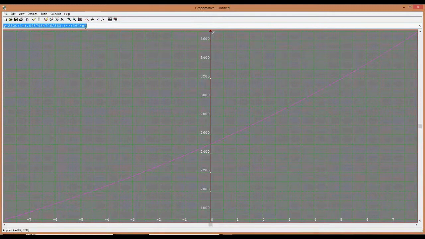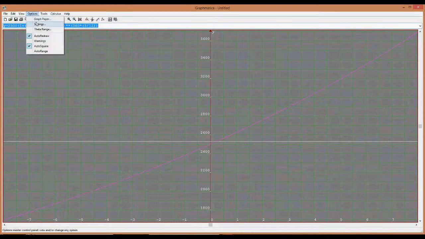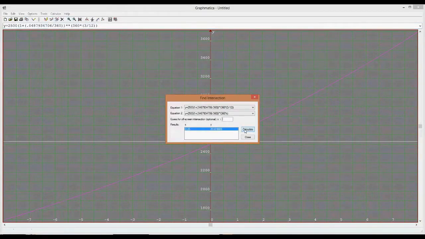So next, we can use this sort of as a calculator, because you can put in the value for x that you want, and it'll give you a straight line at that value. So if we put 3 over 12, or 1 over 4, for the 3rd month, and graph that line, it doesn't tell you exactly what the y value is, but if we find the intersection, it'll tell us exactly what it is. So find intersection, calculate. That's 2,530.6806.